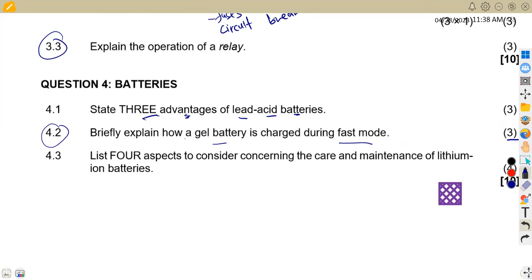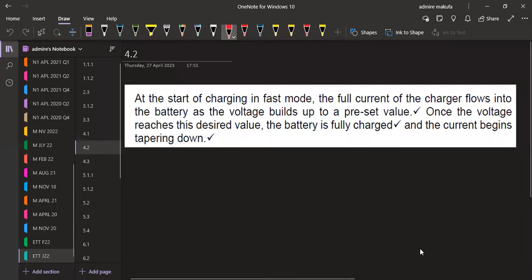At the start of charging, in the fast mode, the full current of the charger flows into the battery as the voltage builds up to a preset value. Once the voltage reaches this desired value, the battery is fully charged and the current begins tapering down.